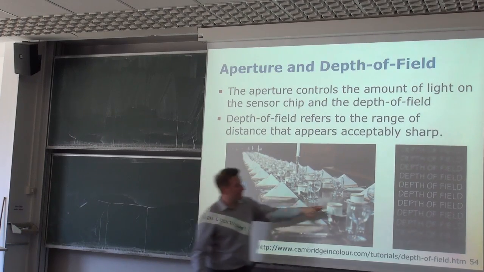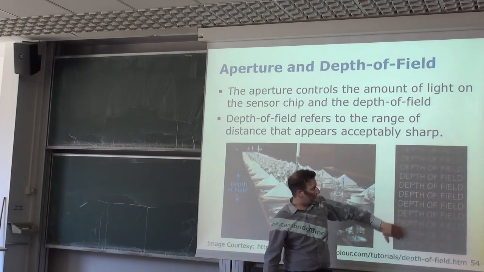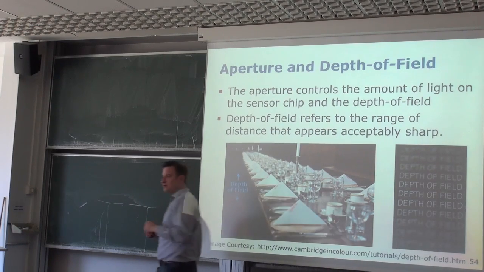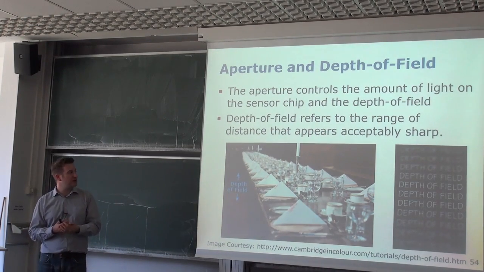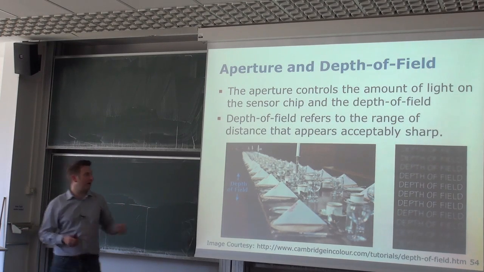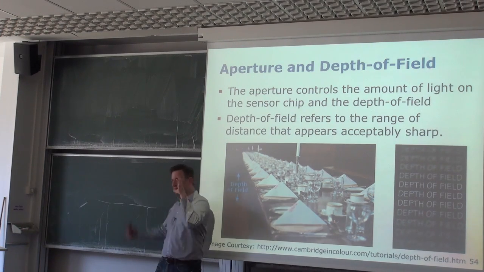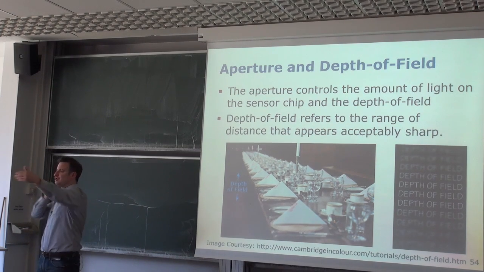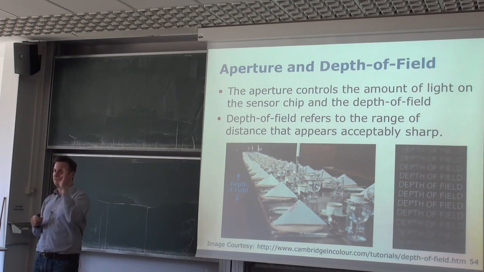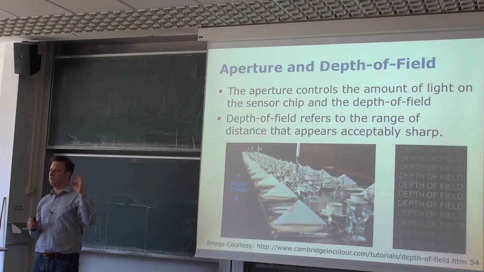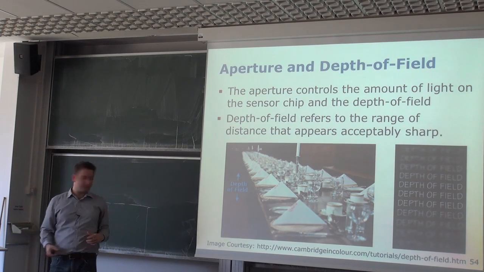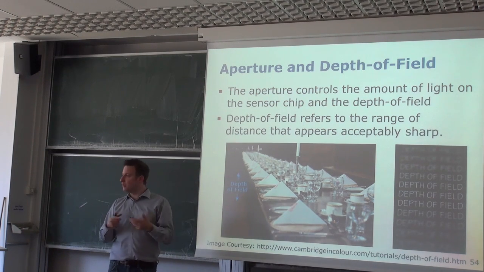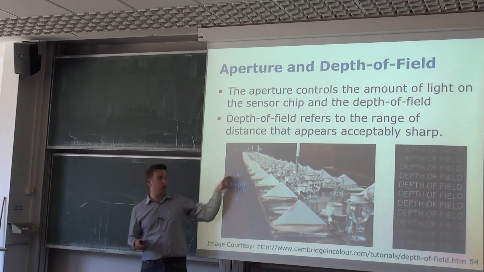You can even take a picture of these words over here, which are not on a plane surface, and depending on your aperture, you get a different depth of field. Typically, the smaller you make the hole of the aperture, the larger is your depth of field, because the closer you reach the pinhole model, and the more you open it up, the larger the area in which it is blurry, not sharp.